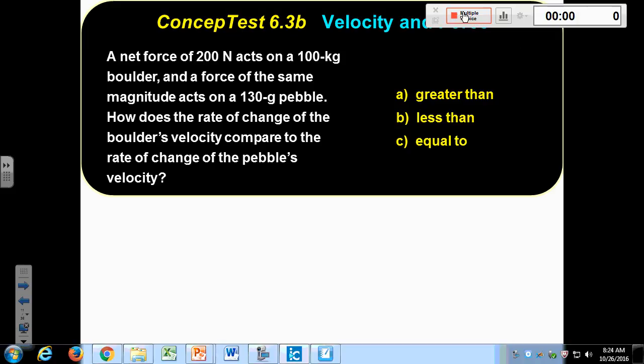Now, how does the boulder's rate of change of velocity compare to the rate of change of the pebble's velocity?